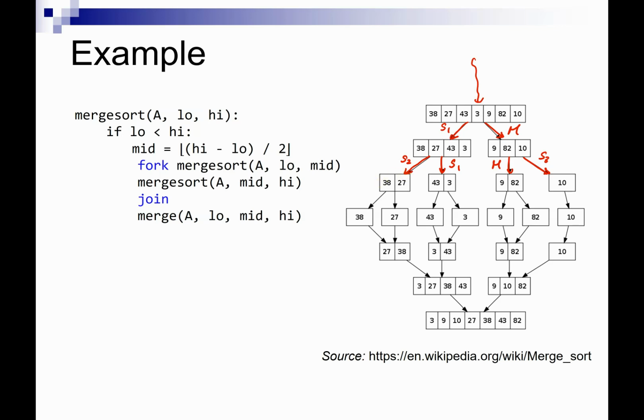So maybe here, once we're down to arrays of size 2, then the slaves can just sort them themselves. Okay, so we're not going to do any forking over here, but then eventually, after the slaves have sorted their own subarrays, they need to merge back together, right? So here S2 is going to join back together with S1.